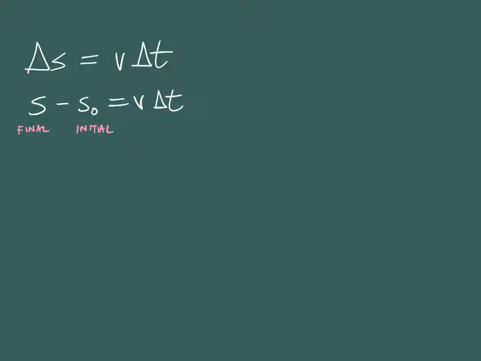Now you might see other things, like S final minus S initial equals V delta T, where sub F and sub I refer to final and initial.